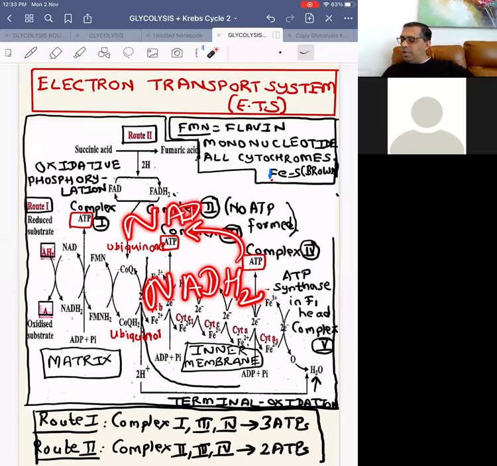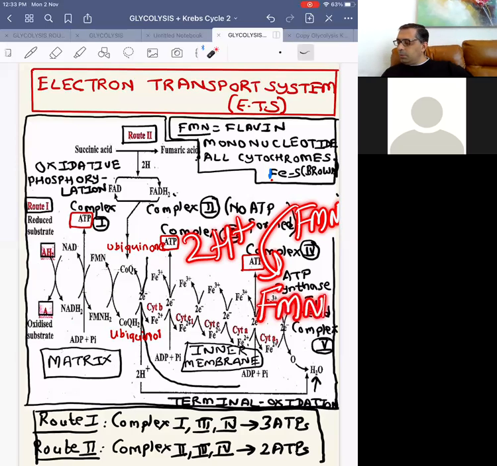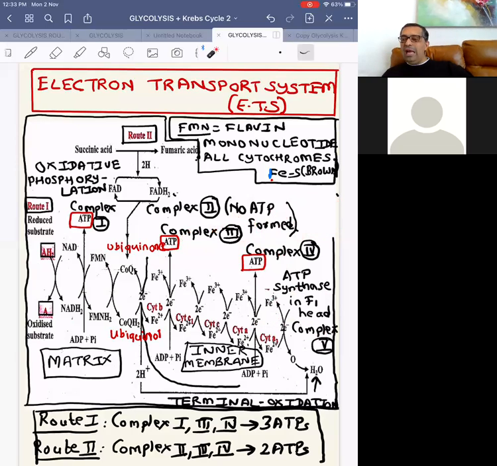And that hydrogen is accepted by FMN, and flavin mononucleotide gets reduced to form FMNH2. So continuously क्या हो रहा है?